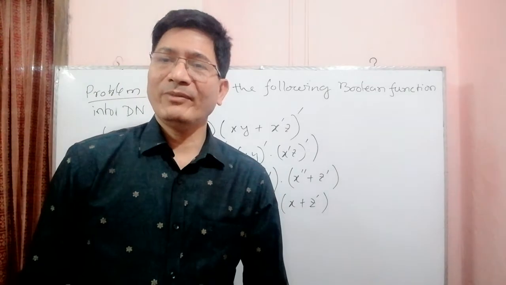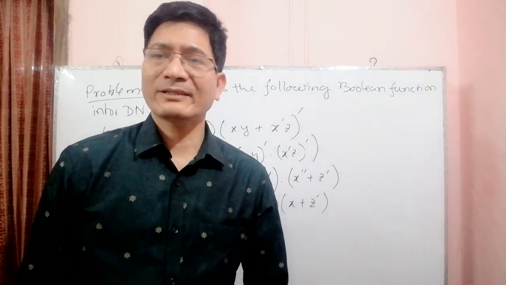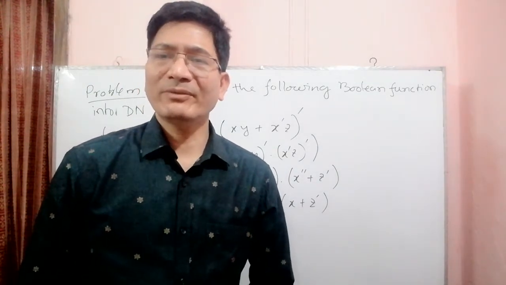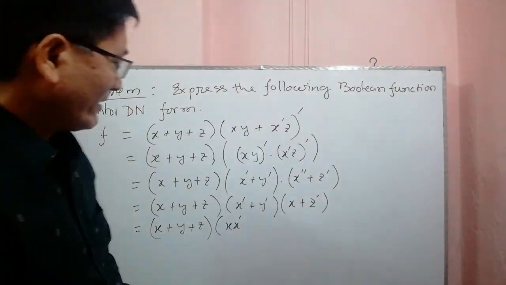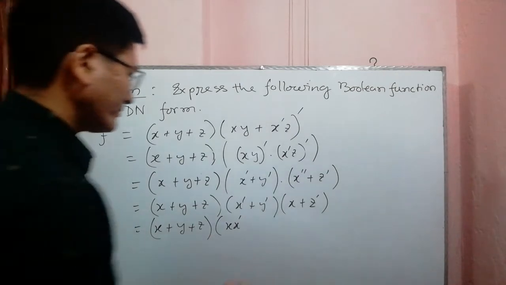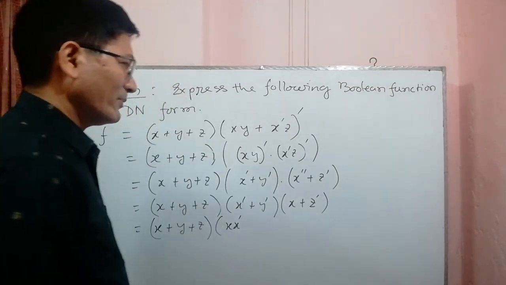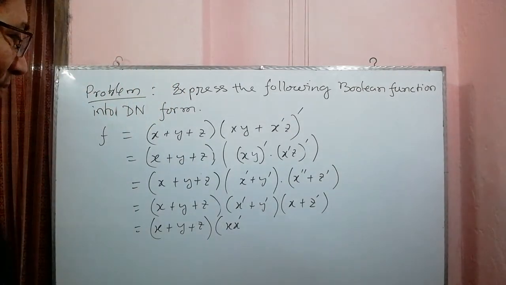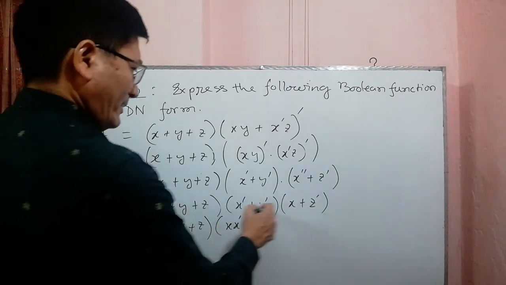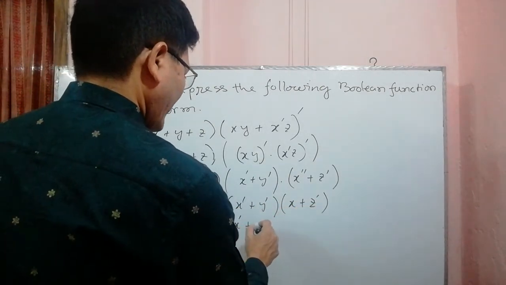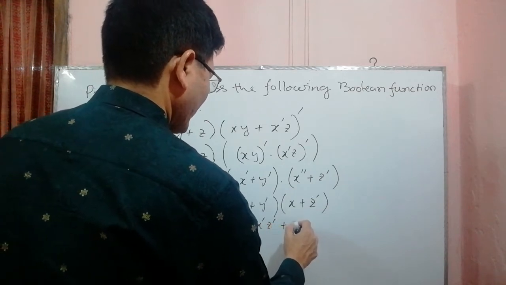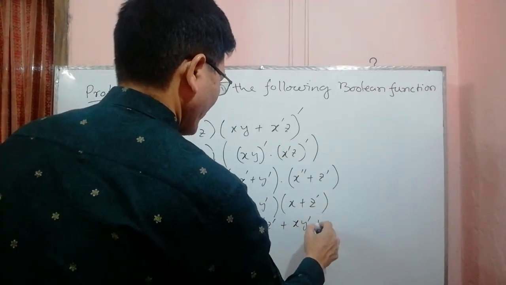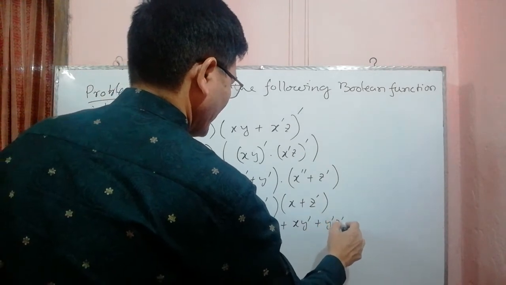So x prime into x and x into x prime are both the same. While writing the terms, rearrange them so that our calculation becomes very simple: x prime z prime plus x y prime plus y prime z prime.